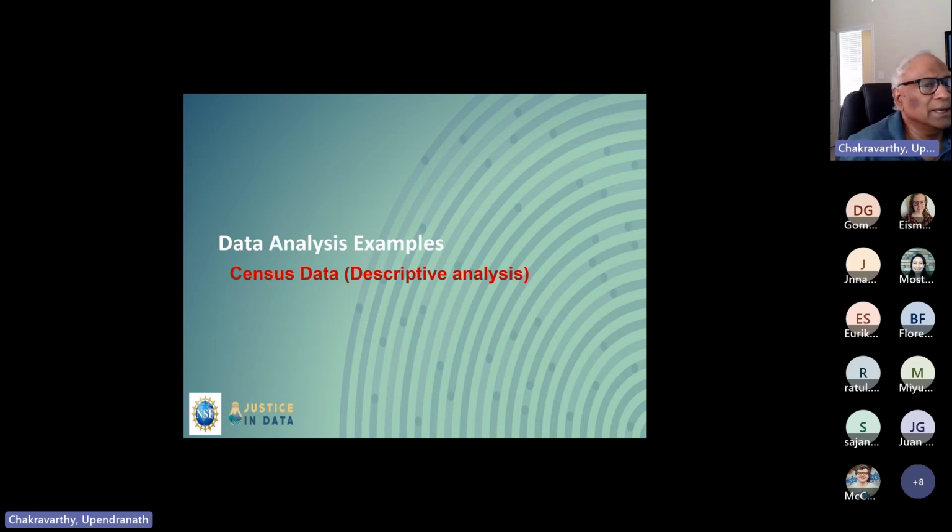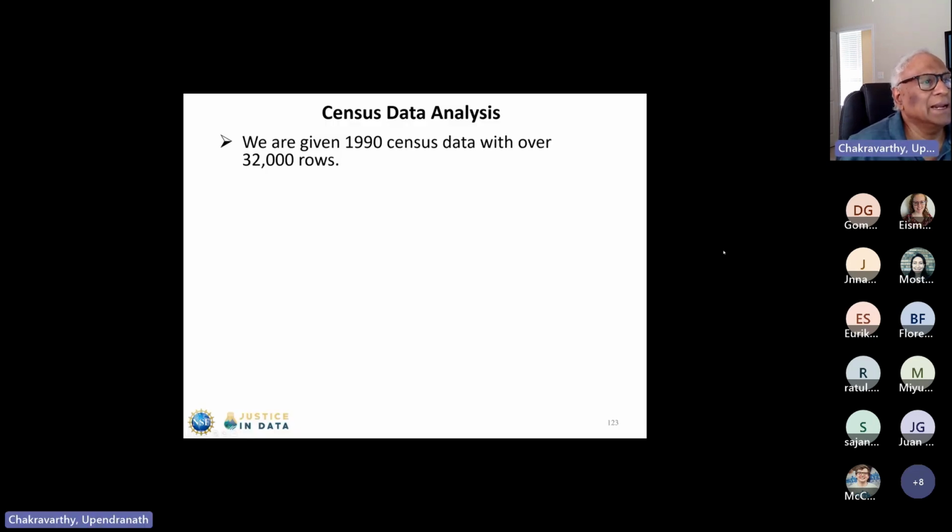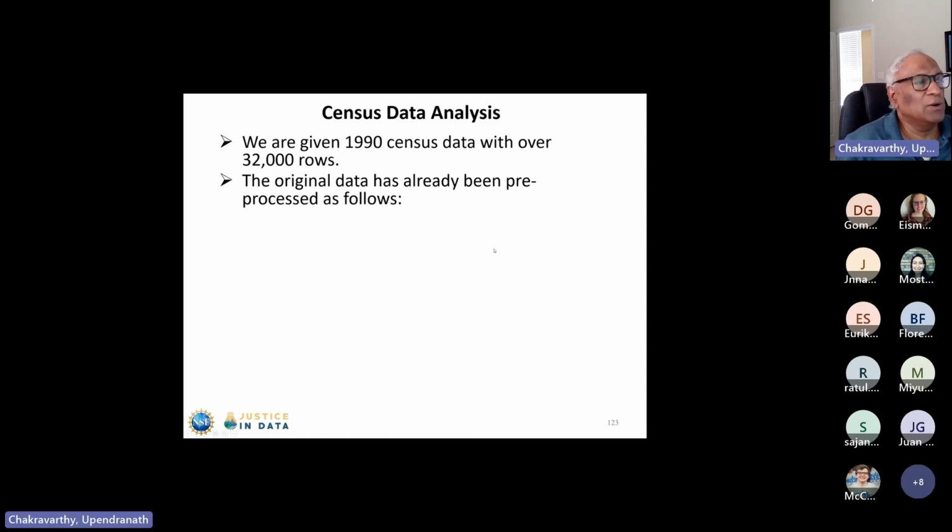And these were used as sample projects. So one was on census data analysis. There is data for 1990. I gave them only 32,000 rows, but if you look at the entire census data, it's much more than that. The original data has already been pre-processed as follows.